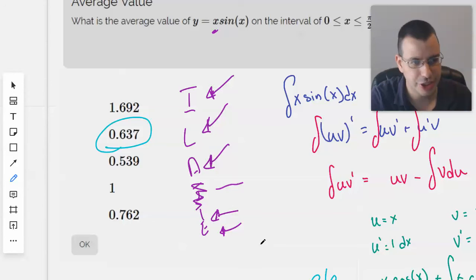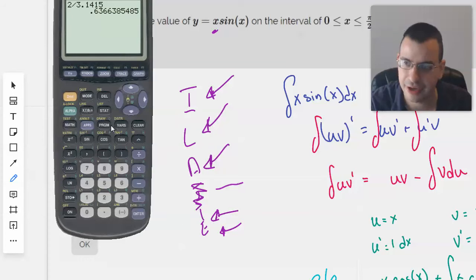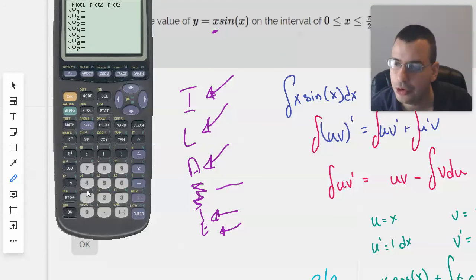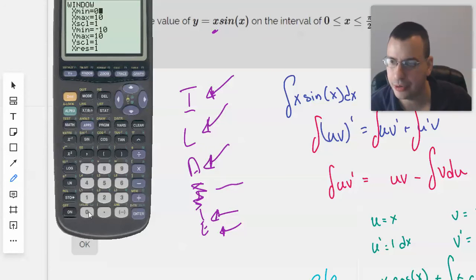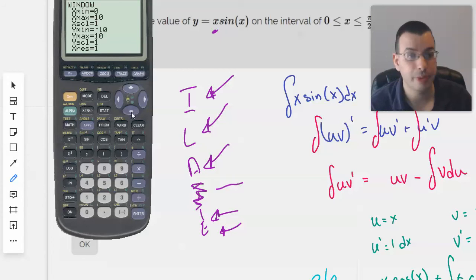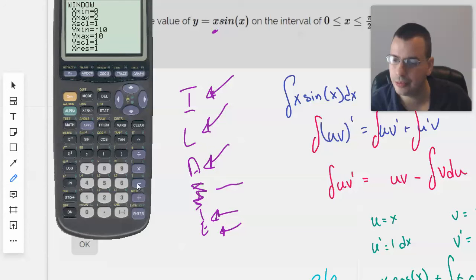All right, so let's look at this another way real quick. Since we have time, we'll do x sine of x in the window. We'll go from 0 to pi over 2, which is like 1.5, 2-ish. We'll go from negative 1 to 1.